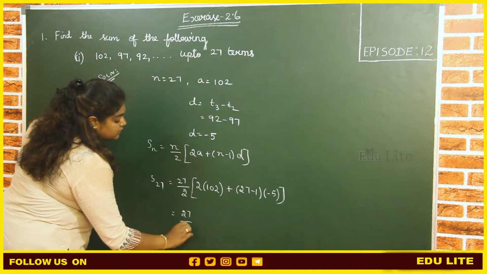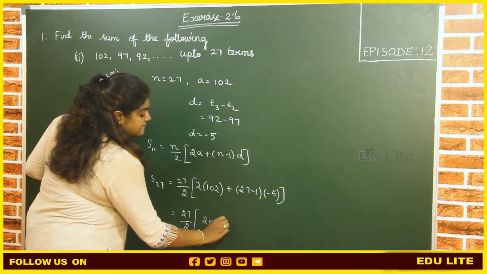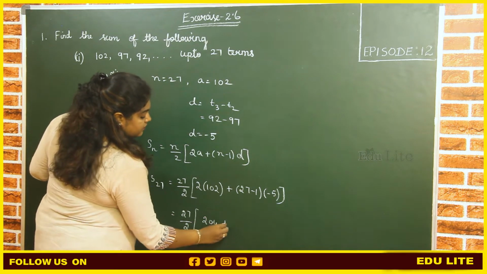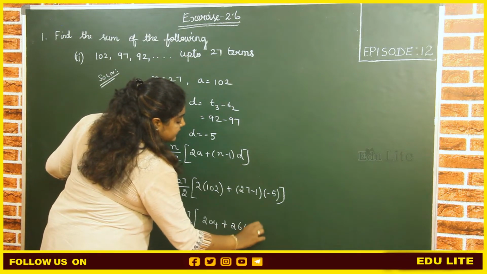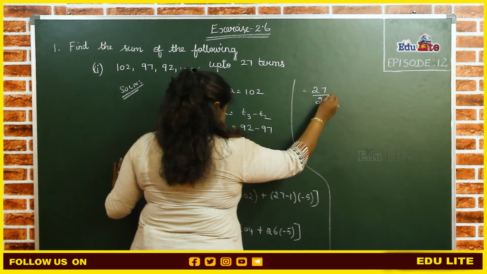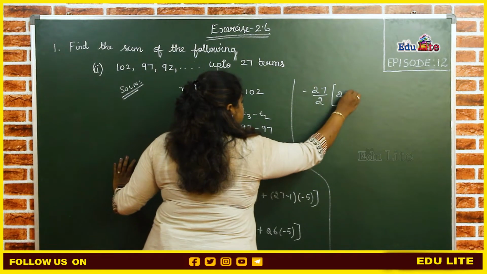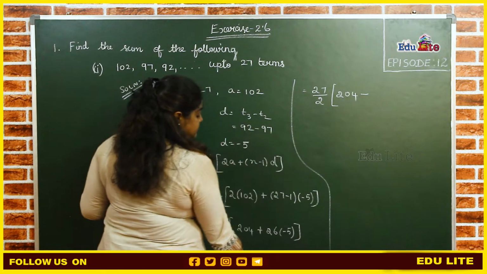So 27 by 2 into 204 plus 26 into minus 5, which becomes minus 26 into 5.